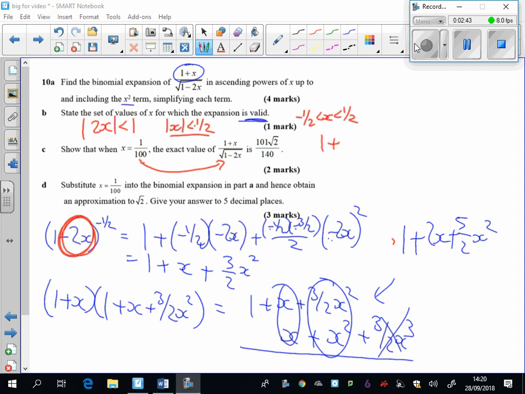So we've got 1 plus 1 over 100 divided by the square root of 1 minus 2 over 100. Now 1 plus 1 over 100, obviously 101 over 100. And down here I've got the square root of 98 over 100.